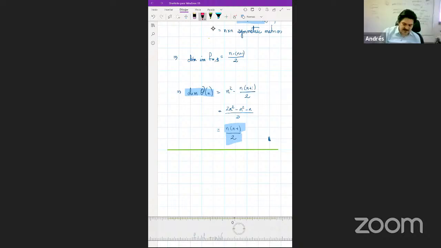Now, when n equals 1, what's the dimension? Anyone?